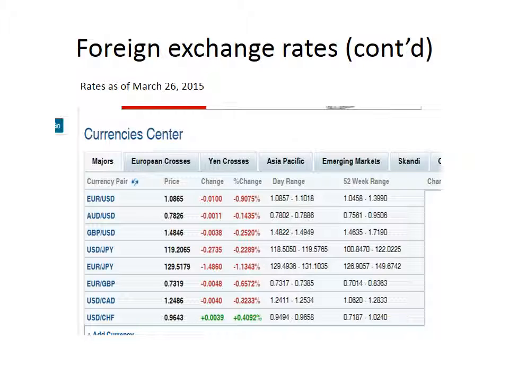Similarly, the Australian dollar is expressed as a direct exchange rate. The Australian dollar is worth about 78 cents. Likewise the British pound is worth about $1.48 US. The next rate, the Japanese yen rate, is expressed as an indirect rate. Again, in this case, it's 119.2 yen per US dollar.